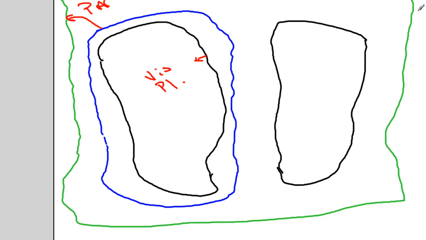And just to save space here, I'm just going to abbreviate. I'll use PP. So this part attaches to the chest wall.